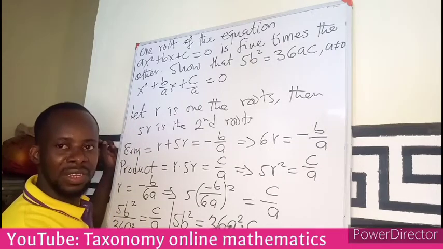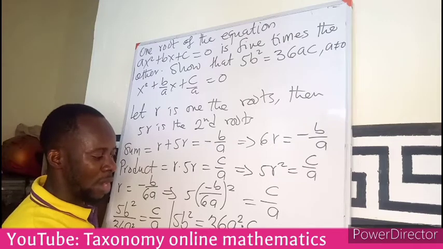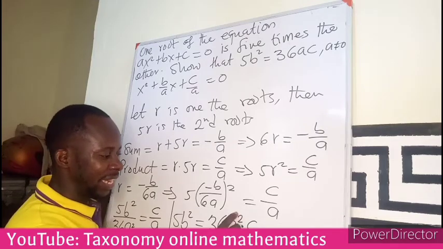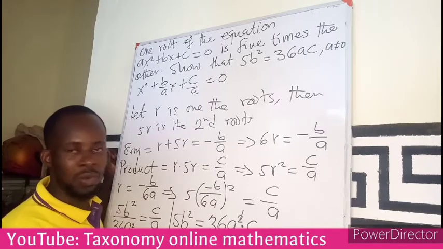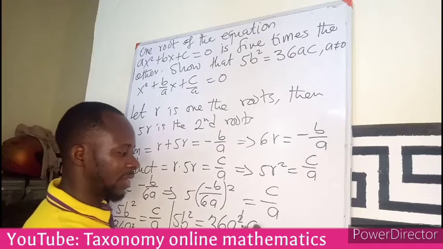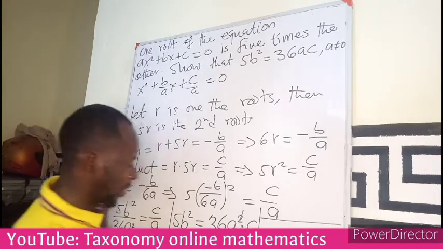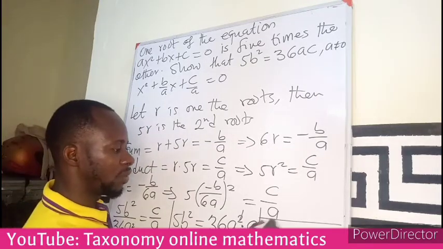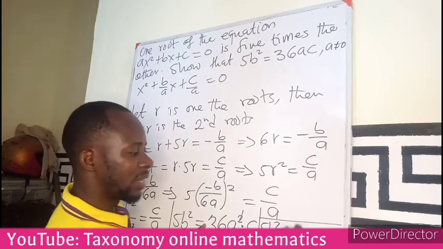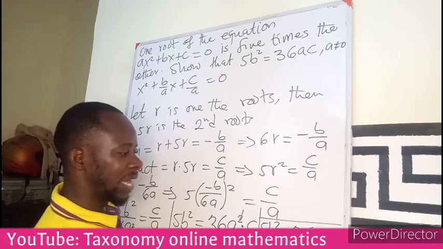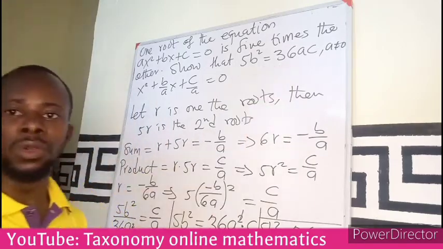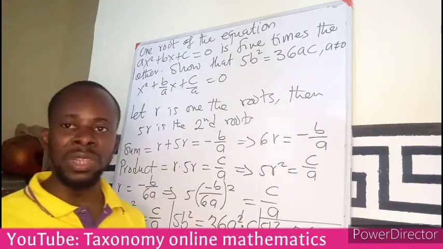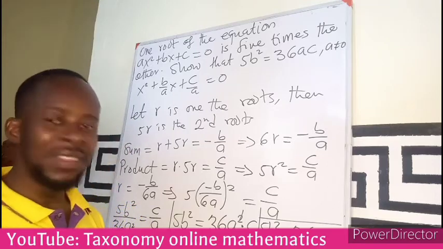This has a coefficient of power of 1. Since they are multiplying, I can take this and cancel them out. So this will cancel the square. So you can see clearly that our 5b squared is going to be 36, a is now a times c, as we are asked to show. So our 5b squared equals 36ac.